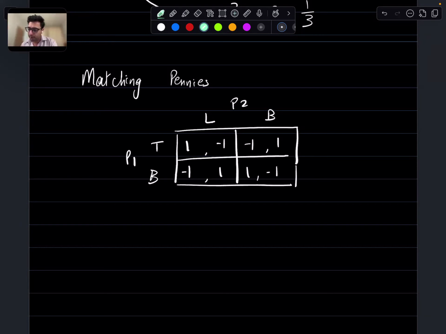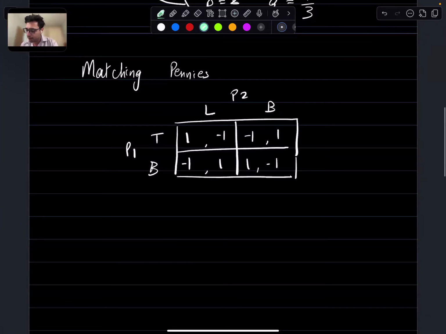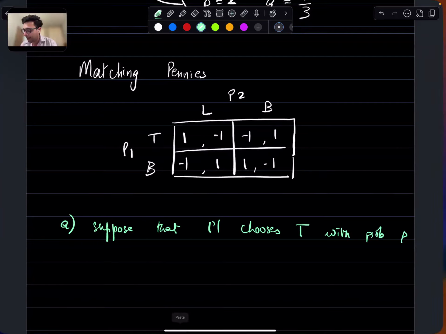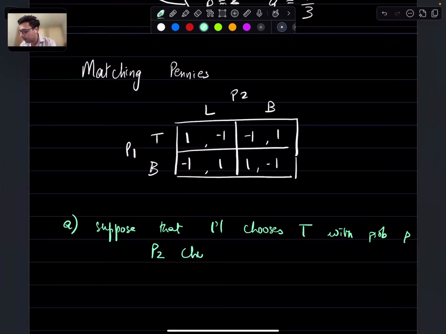So what do I want you to do? I want you to suppose that player 1 chooses top with probability P, and player 2 chooses left with probability Q. So I have P here, Q here.